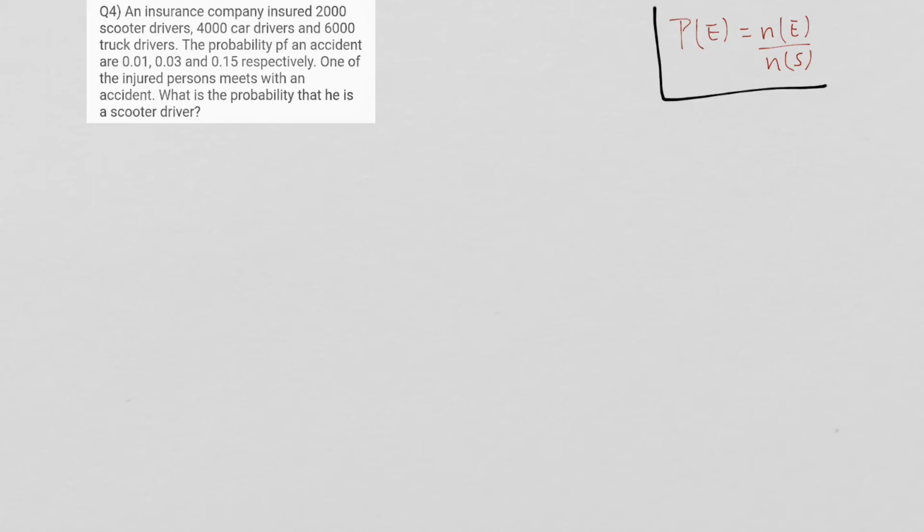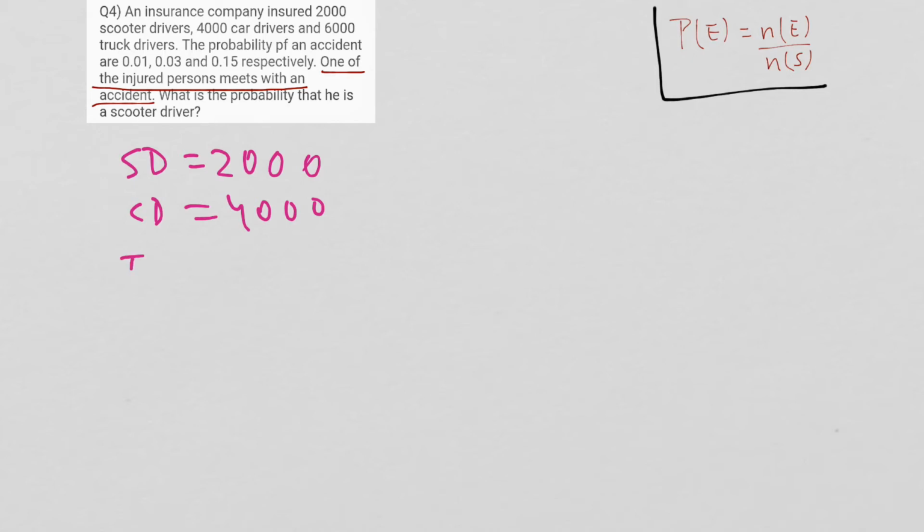One of the insured persons meets with an accident. It's a typo error. So scooter driver, 2000. Okay. Car driver, 4000. And truck driver, 6000.